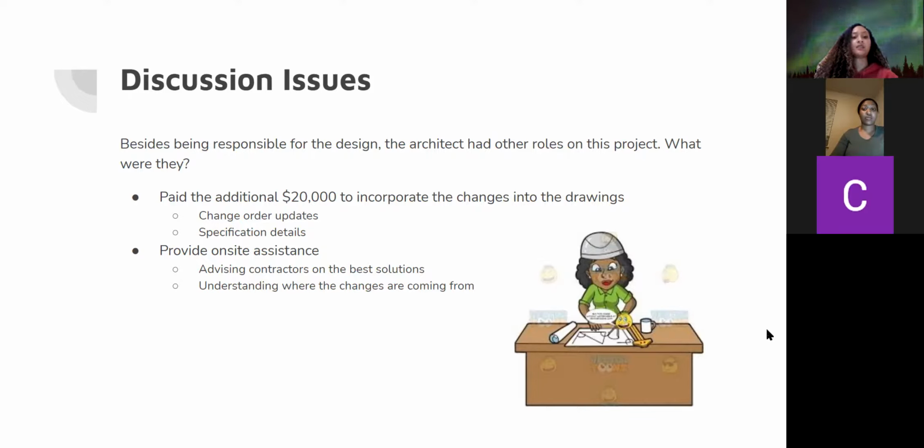And he was also asked to provide on-site assistance as well, probably assisting or advising the contractors on their best solutions for any issues they were having, and understanding where and why the changes were coming about.